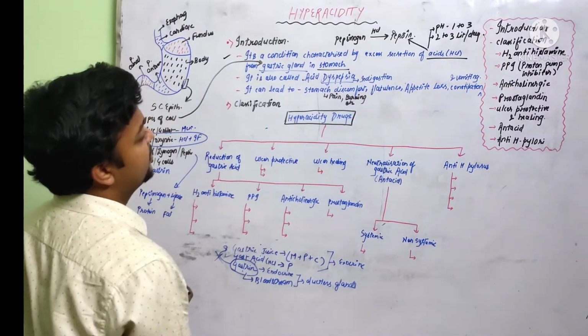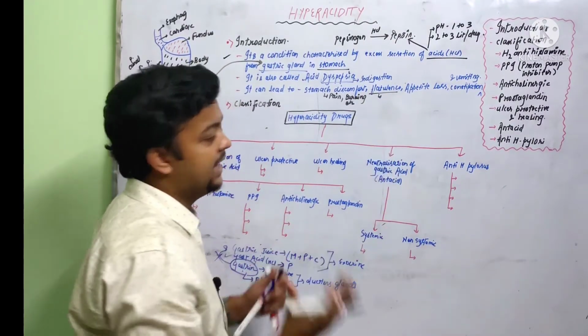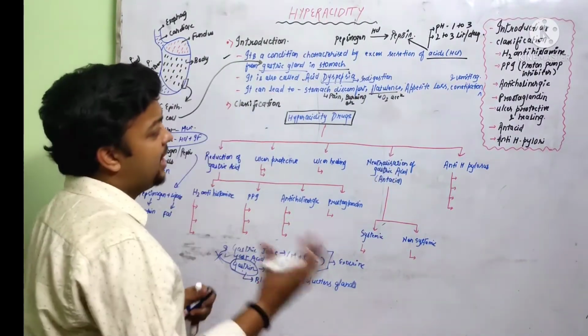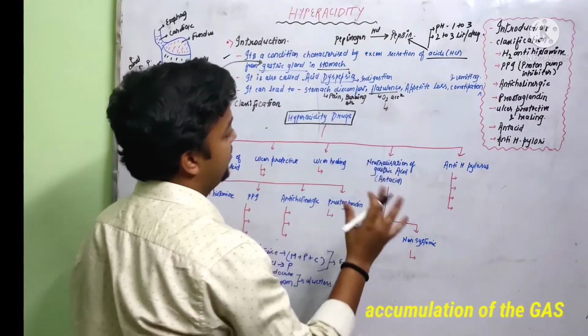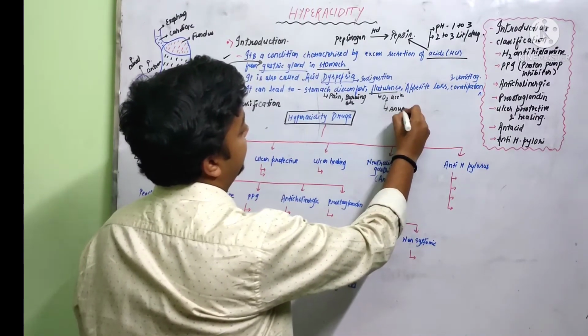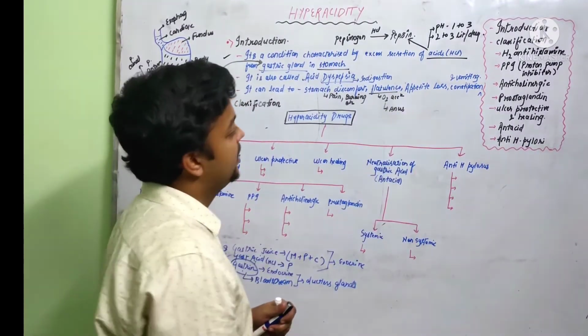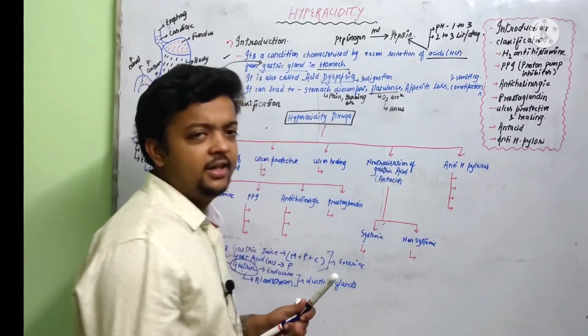Next we have the flatulence. So guys, flatulence is basically the accumulation of the gas in the digestive system. If the gas is accumulated, then it is expelled from the body via the anus. So next we have appetite loss. That means the person doesn't desire to eat any kind of food.